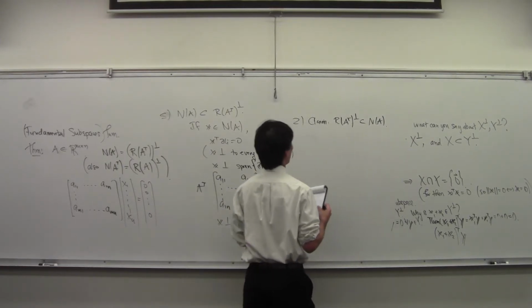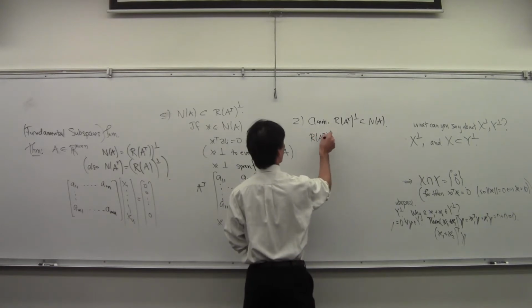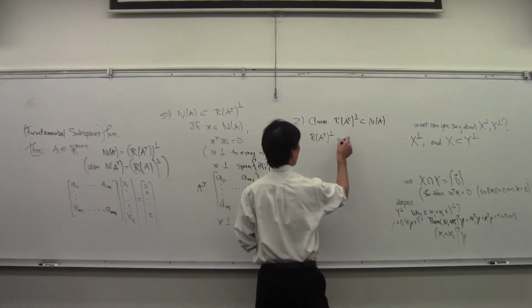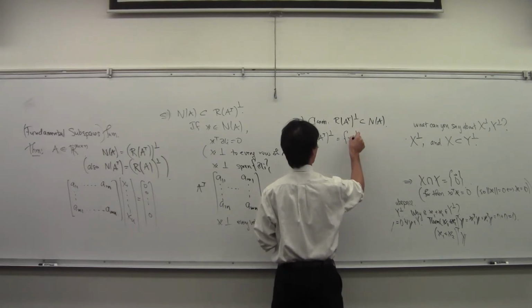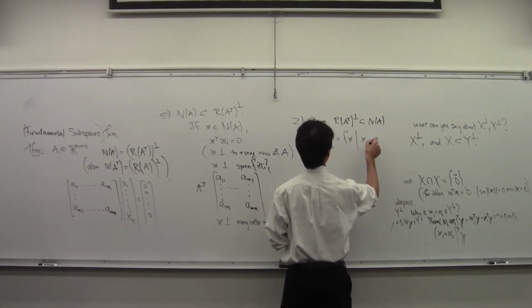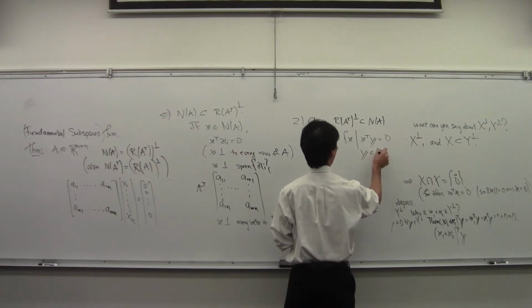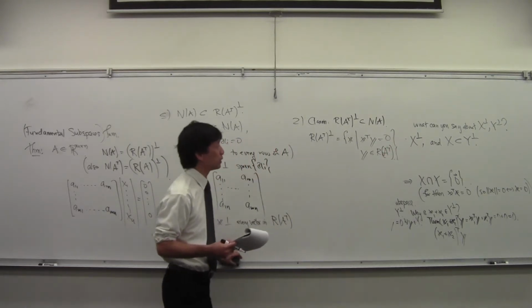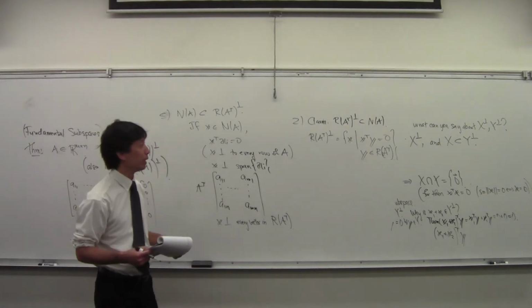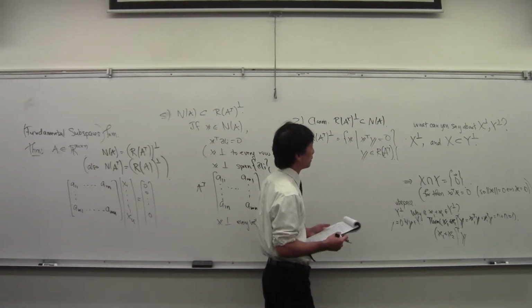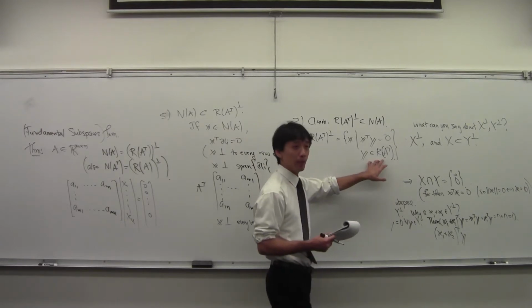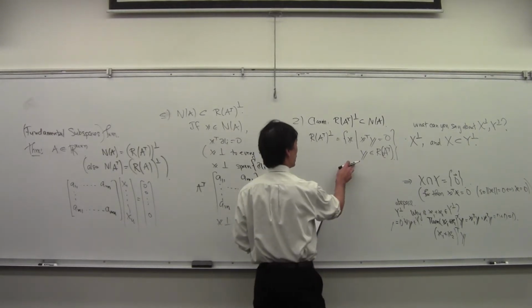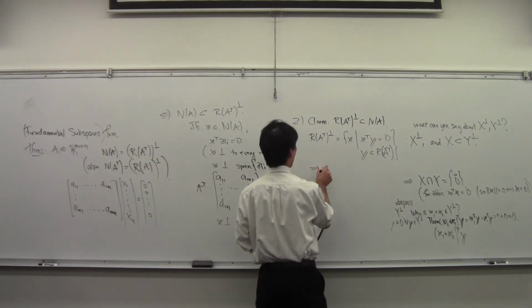The range of A transpose perp is the set of all x such that x is perpendicular to everybody in the range of A transpose. But if you're perpendicular to everybody in the range of A transpose, then you're perpendicular. It's the same argument, right?